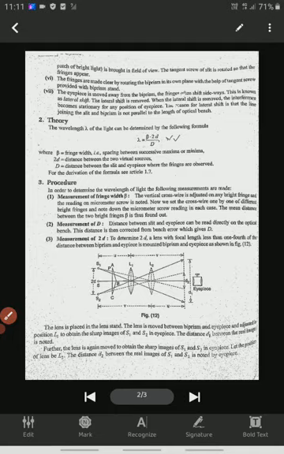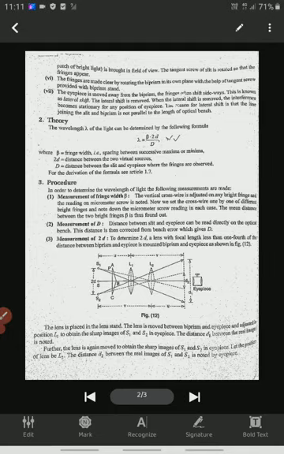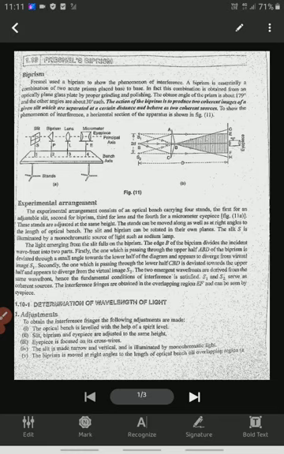In this way we can find the wavelength of the incident source, or wavelength of the light, and we can find the distance between the screen or eyepiece and the source, and we can also find the distance between the two slits. This is the main information about the Fresnel biprism.